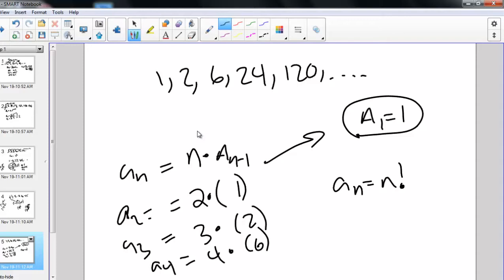Just so you know, what is factorial? Factorial means you're going to do n times n minus 1 times n minus 2 times all the way down to 1. So if I have to do 5 factorial, it's 5 times 4 times 3 times 2 times 1.